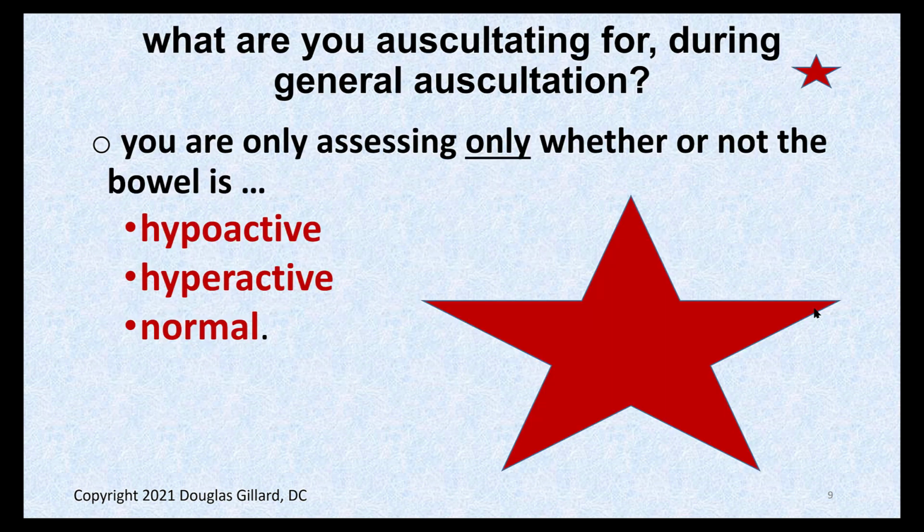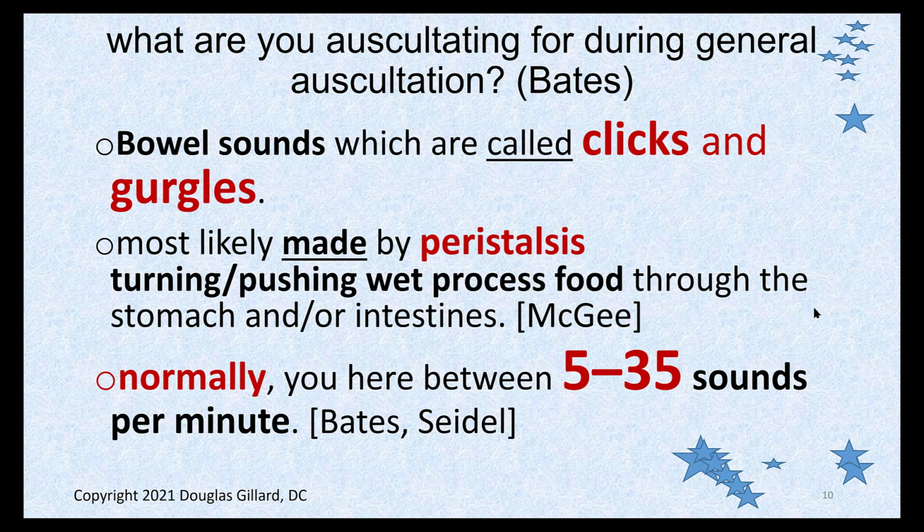What do we get from auscultating the abdomen? You can only tell, again, if there's too many clicks and gurgles or bowel sounds, so there'd be hyperactive bowel sounds, or there's not enough bowel sounds, hypoactive, or there's the normal amount of bowel sounds. Bowel sounds are called clicks and gurgles. Memorize that.